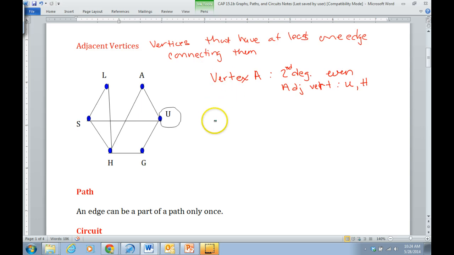So the other one we can look at, let's look at vertex U. So vertex U is a degree of what? Actually, more than that. How many degrees is a loop? It's 2. So you can basically put 2 marks on it. So I counted 5 edges coming out of U. So that would be 5th degree.